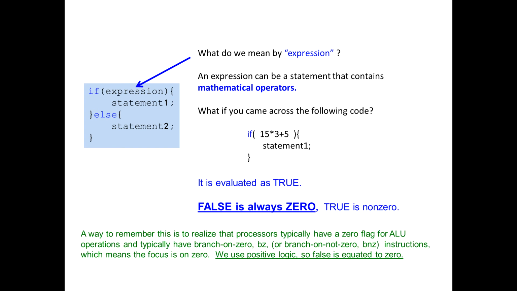Now, an expression could be just a mathematical expression. So the question is, what would happen if you came across and just saw this, if that? It's like, huh? How is that true or false? Sometimes you'll actually see this in C code, which is not the most readable type of code, but you will see it.